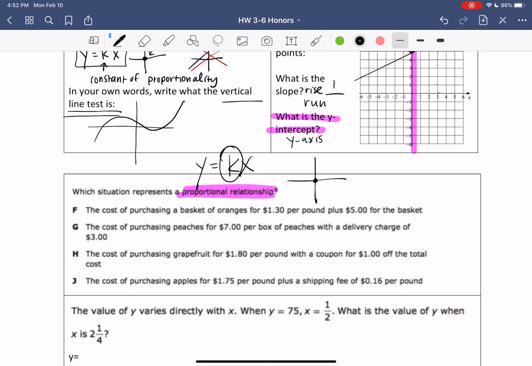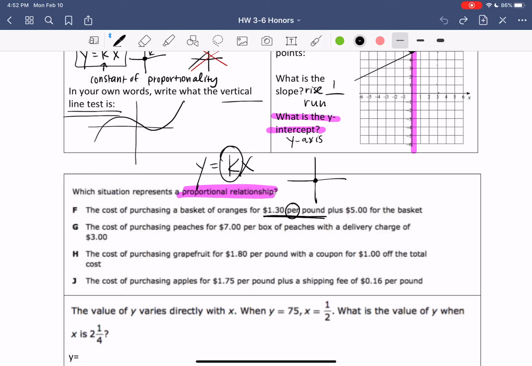So the cost of purchasing a basket of oranges for $1.30 per pound plus $5 for the basket. If we're thinking about this, we have $1.30 per pound, so the per is our variable.